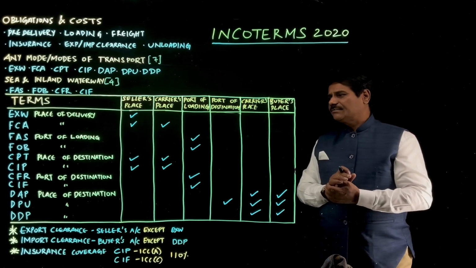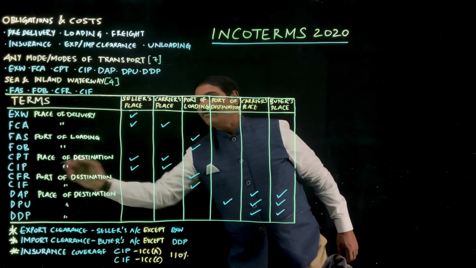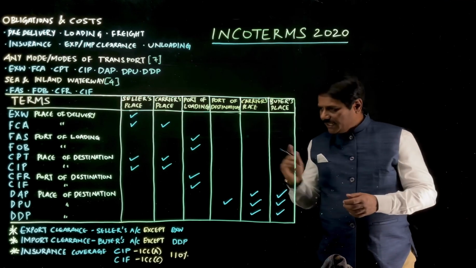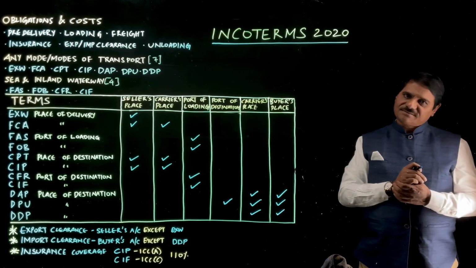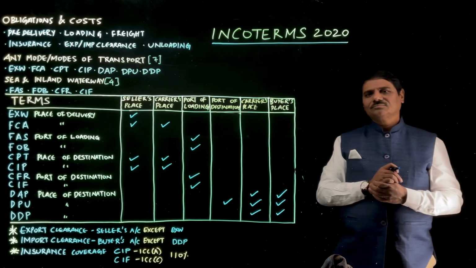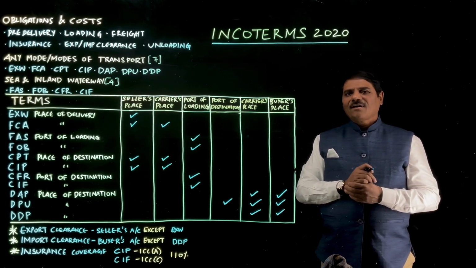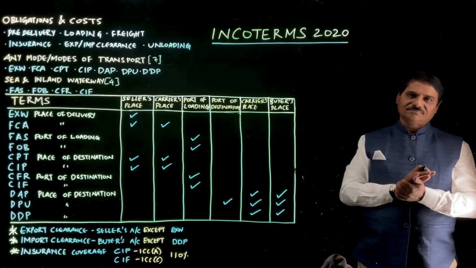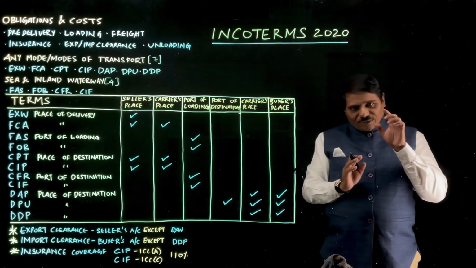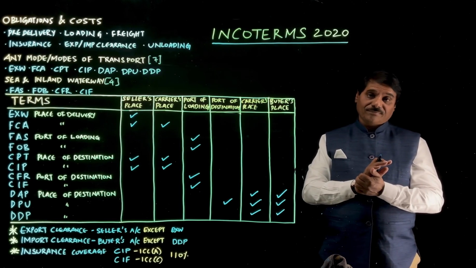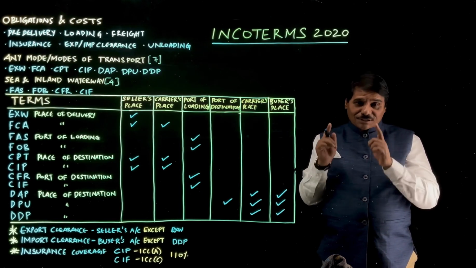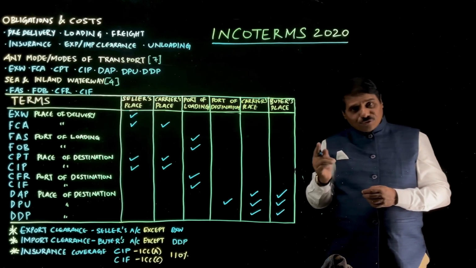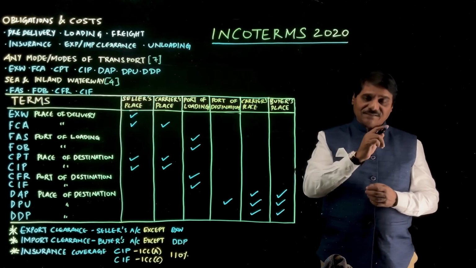So the next one is CFR, cost and freight, insert port of destination. So here also, the seller is responsible to arrange the transportation up to the port of destination.